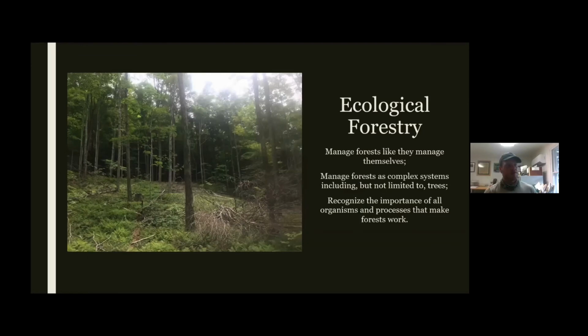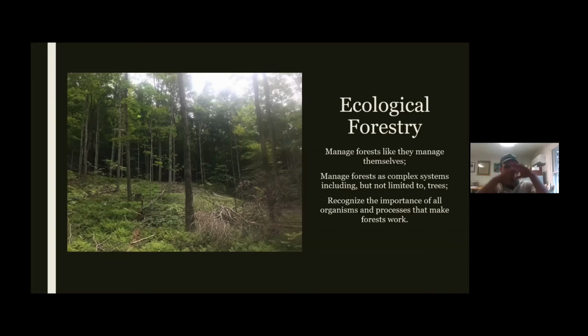So an example of how forest management cannot be like the forest management of your nightmares is through practices like ecological forest management. Ecological forestry is the radical idea, I put radical in air quotes, that we manage forests like they manage themselves, right? That we're recognizing that they have intrinsic importance, and we're managing them as complex systems, not just as tree farms, although sometimes we'll call them tree farms, but as complex systems which are not limited to trees.